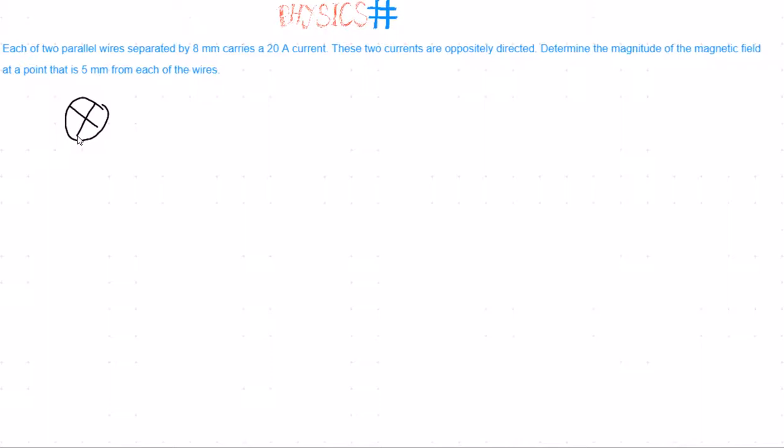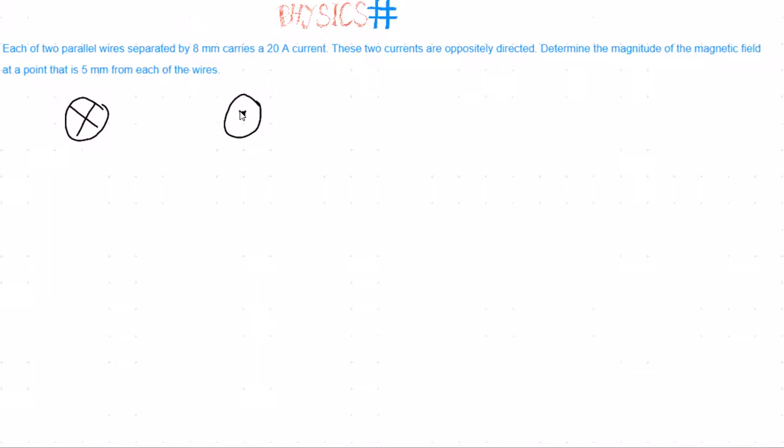And then the other conductor is right over here. It's a dot, and the current is coming out of that conductor. Again, these two conductors are perpendicular to the surface of this whiteboard I'm using. Obviously they are oppositely directed, and both of them have 20 amps of current.